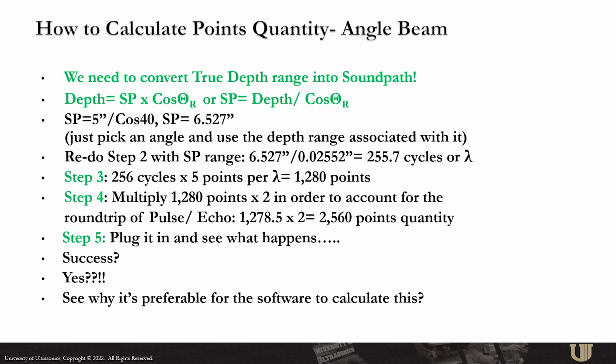I'm just going to round it up. 256 cycles times 5 points per wavelength equals 1,280 points. If I multiply that 1280 by 2 to account for both paths of pulse and echo, that gives me a calculated points quantity of 2,560. So now we're going to plug that in and see if we have success.